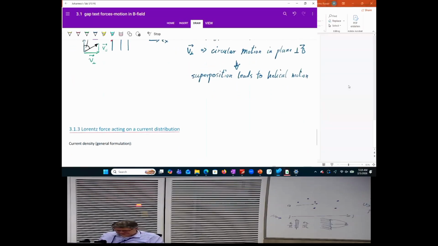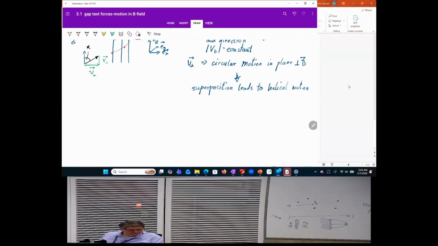Now you could have different scenarios where your field may be arbitrarily oriented. Right now we had it arranged in such a way that the magnetic flux, the B field, is parallel to the z-axis. But what happens if that is not the case?